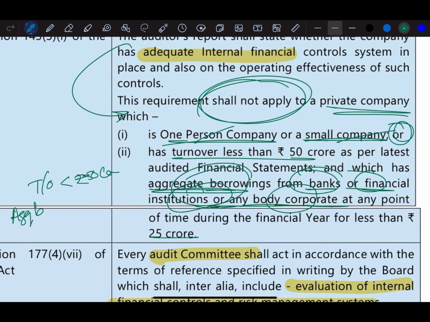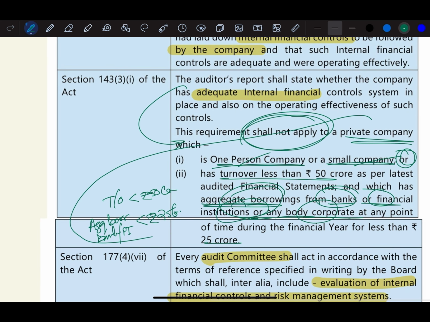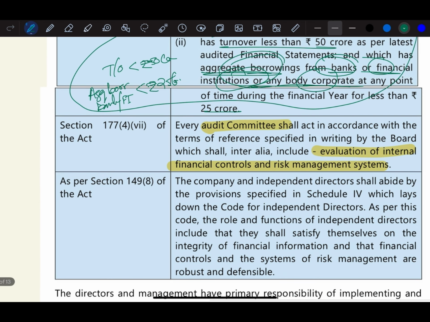So for these cases, internal financial control does not apply. This can be asked in the form of a question: to which private companies does the requirement of adequate internal financial controls not apply? This can be tested.